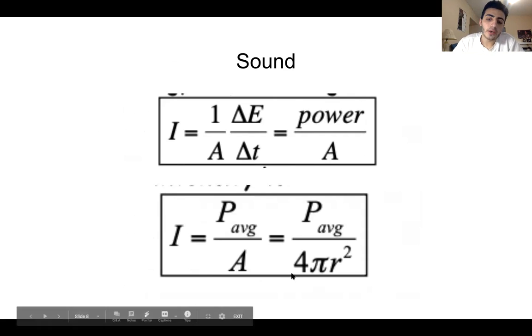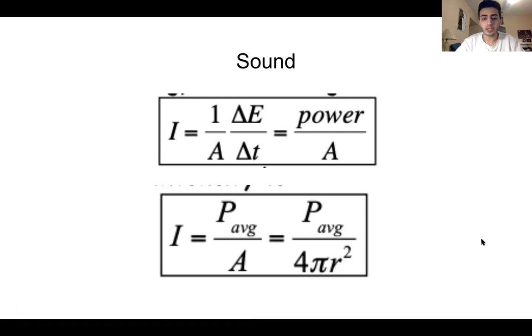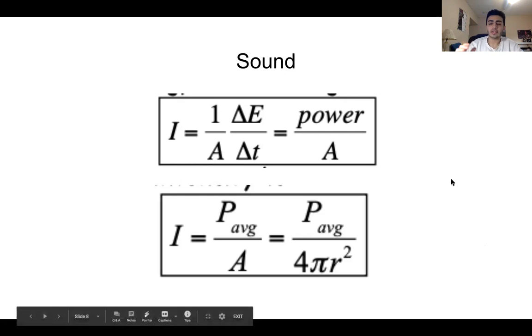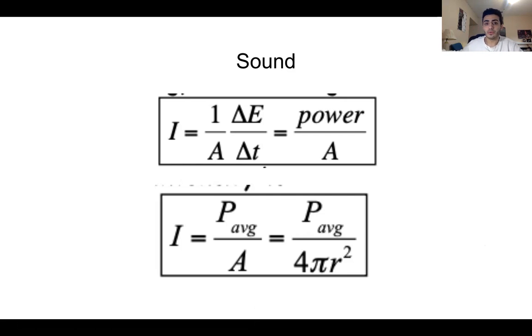So why is this area 4 pi r squared? Try to conceptualize this in your minds. When you're talking to, let's say, a friend, another person in the room might overhear you.